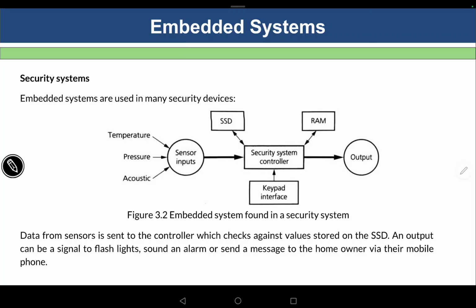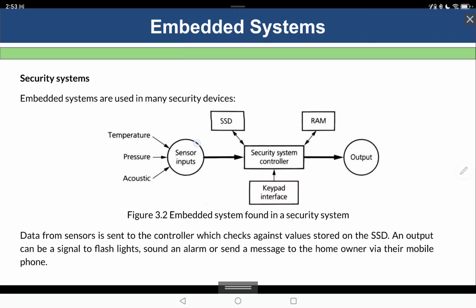Now let's look at an example of an embedded system. We have a security system, and this security system would have input devices, the sensors, such as a temperature sensor, pressure sensor, and acoustic sensor, and the microcontroller would have the storage, SSD and RAM.